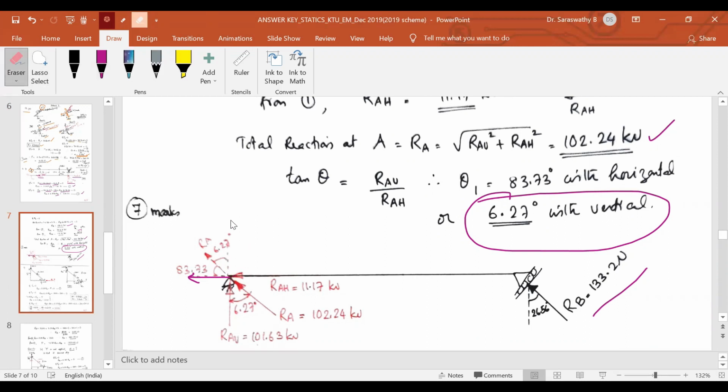The total reaction will be along this line, and it is inclined at 83 degrees with horizontal or 6.27 with vertical. So this is a question of 7 marks.